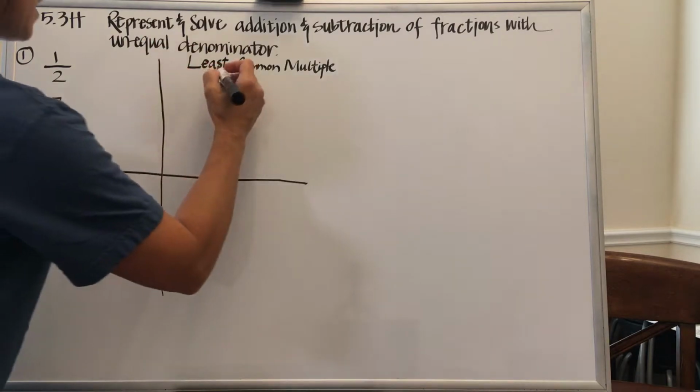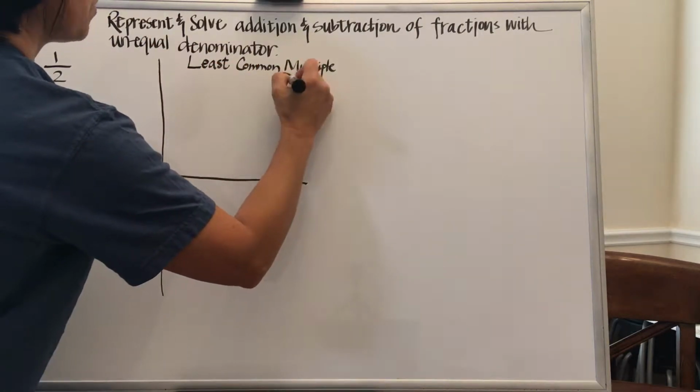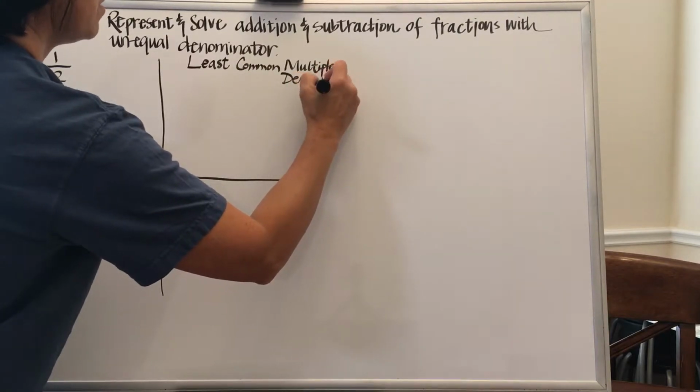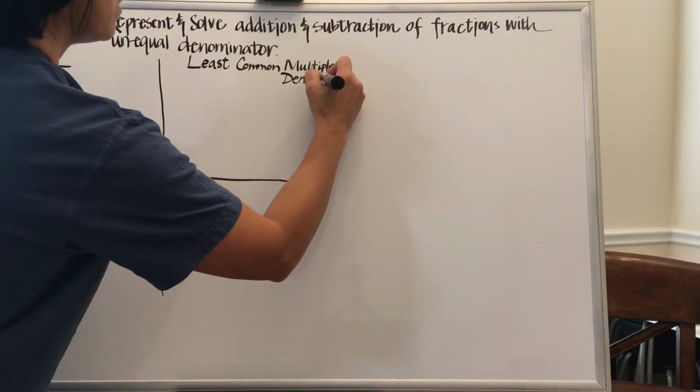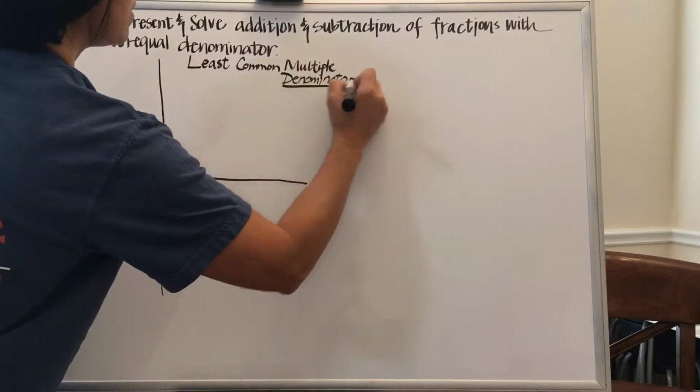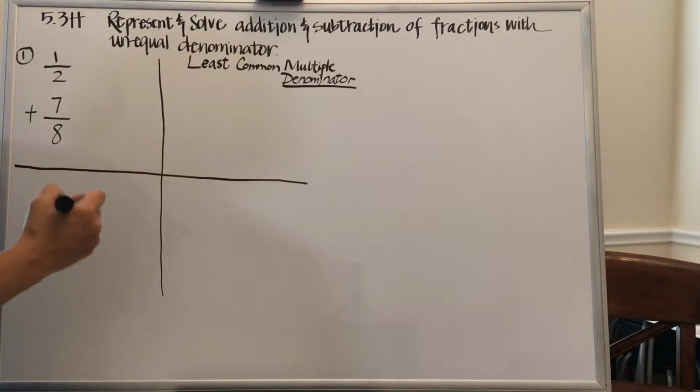And that becomes our common denominator. You will probably hear people talk about least common denominator rather than multiple. And that's how we're going to find the denominator in order to rename these fractions.